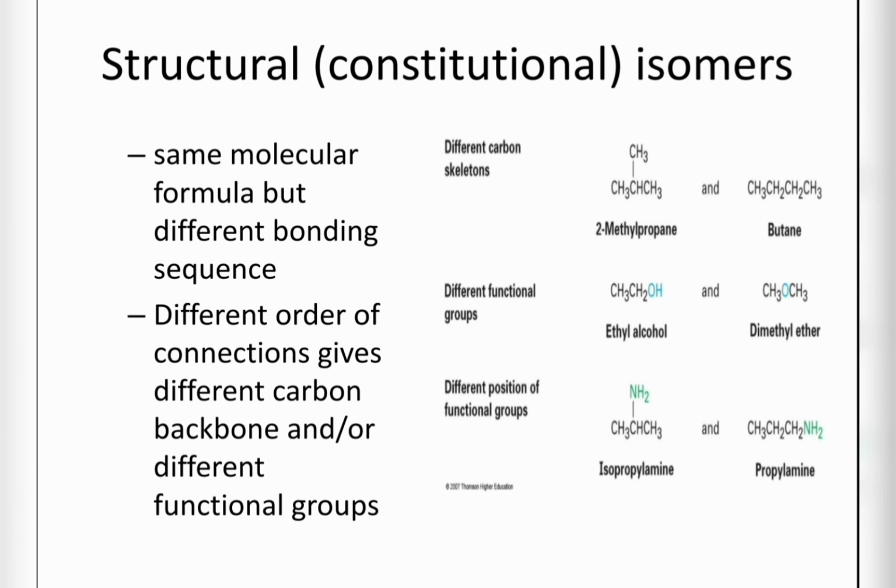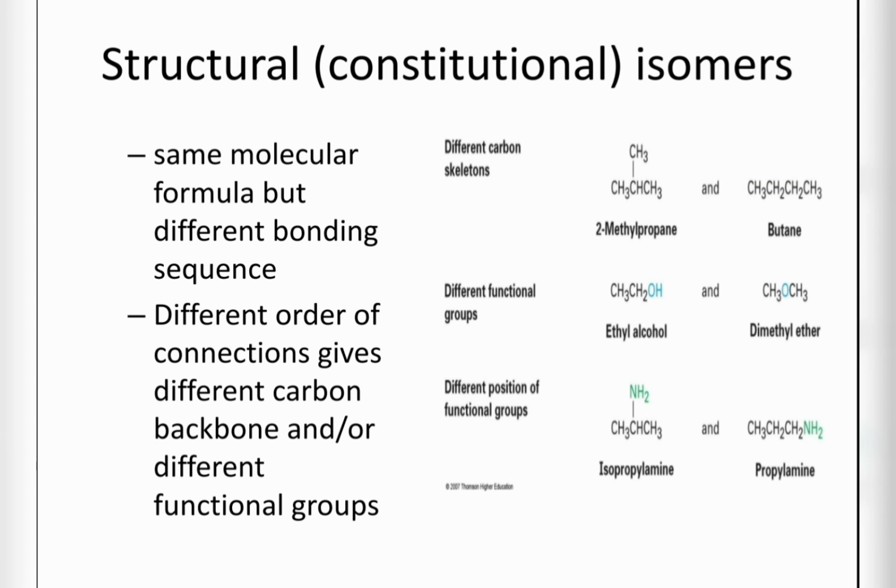Now let us see what structural or constitutional isomers are. Another name for structural isomer is constitutional isomer. Now what are structural isomers? They have the same molecular formula but different bonding sequence. The different order of connections gives rise to different carbon backbones or different functional groups. Let us consider three examples. The first example is that of 2-methylpropane and butane.